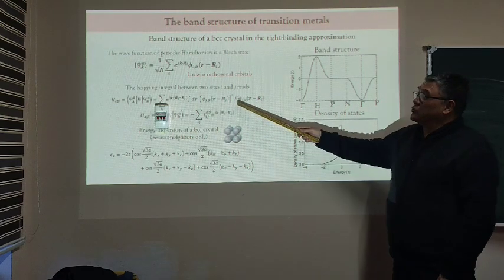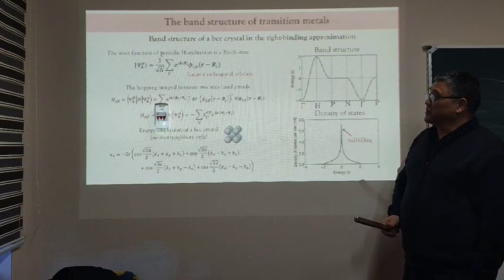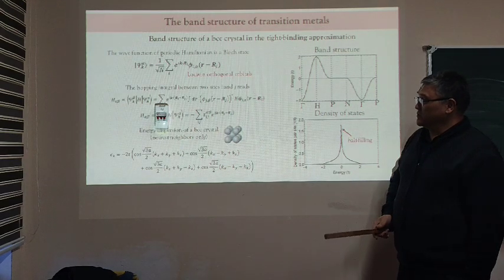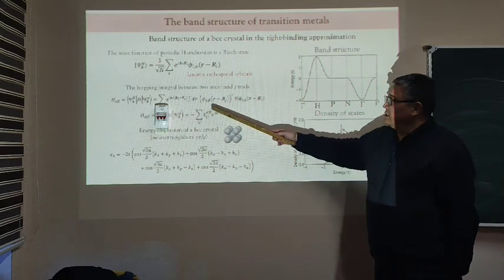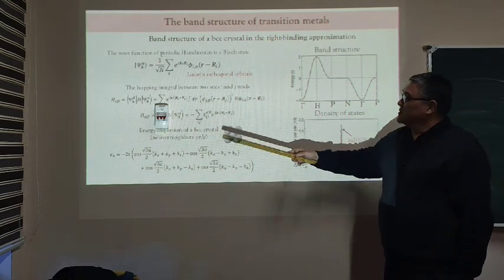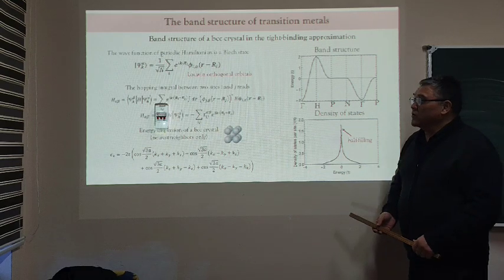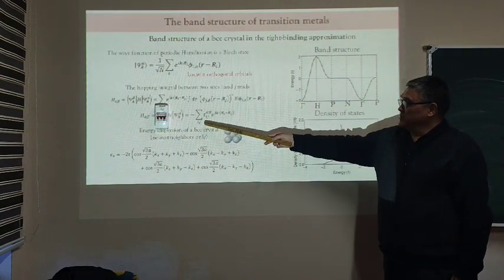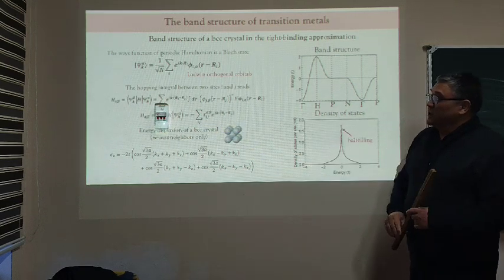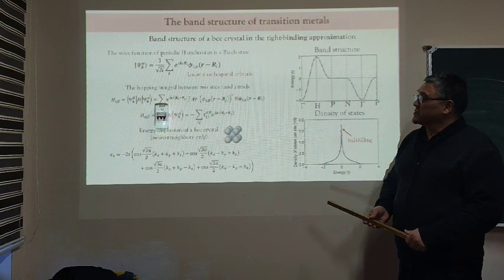This Hamiltonian includes electron-electron interaction, electron-nuclear interaction, and so on. We call this integral T alpha beta, the overlap integral, and it can be written in compact form like this.